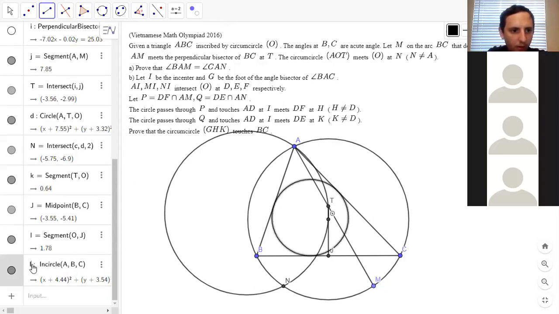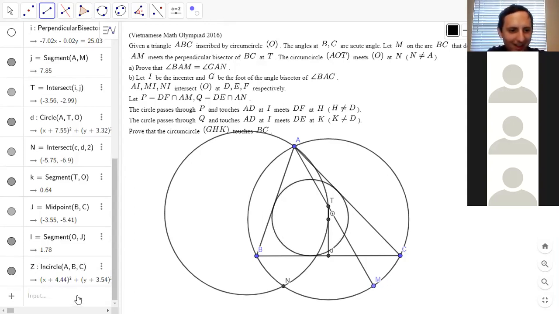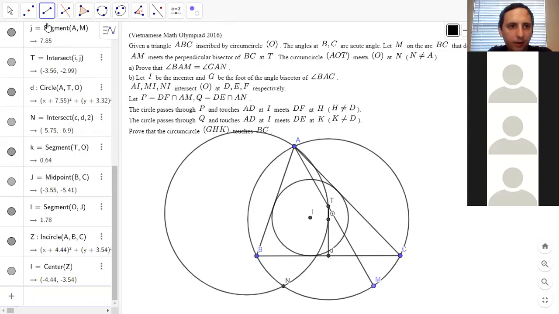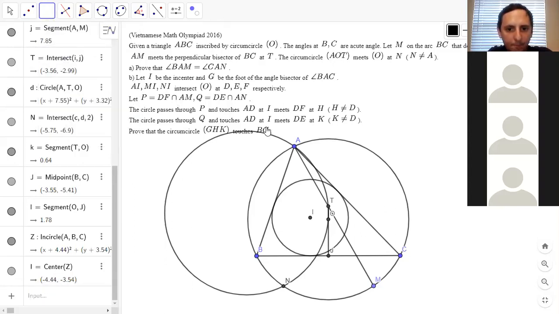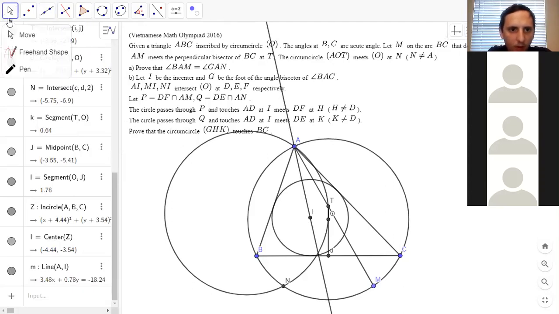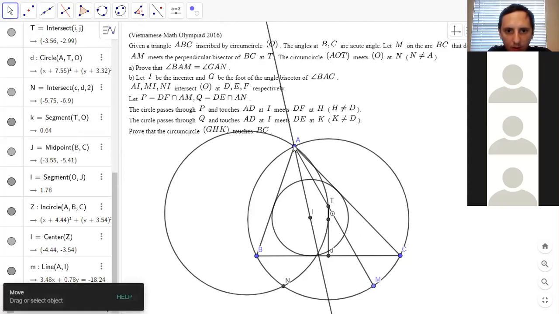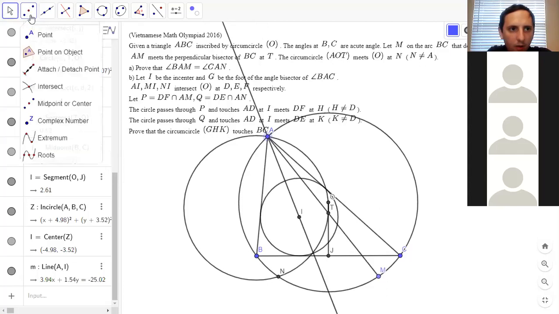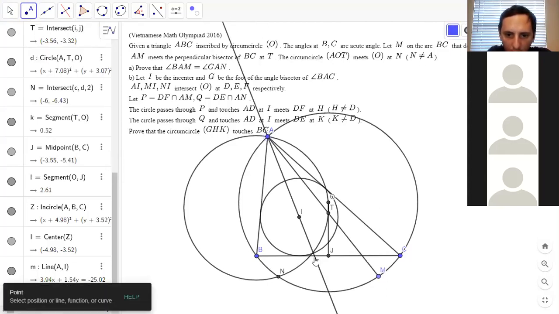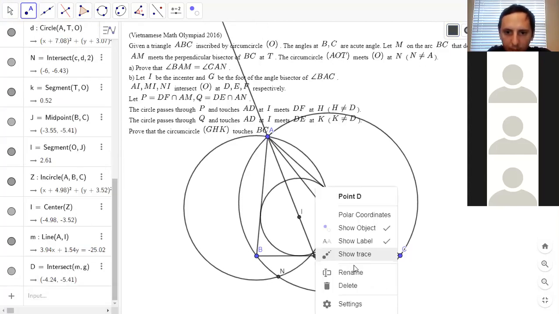Okay. I'll just call it Z. There we go. So I is the center of Z. There we go. And G is the foot of the angle bisector. So that's G.